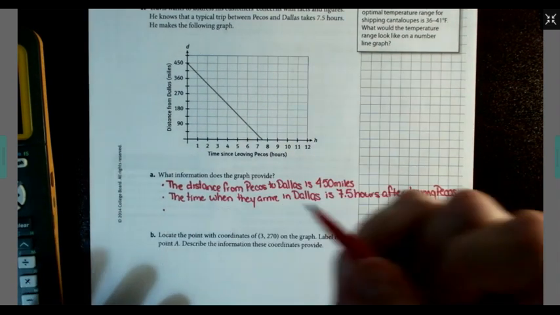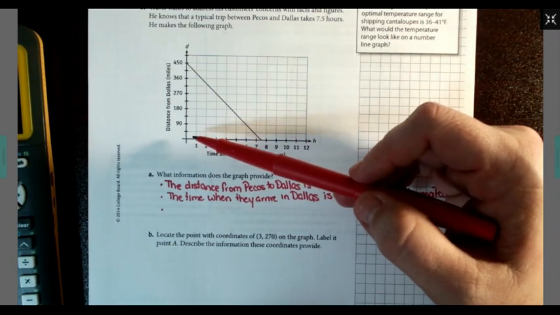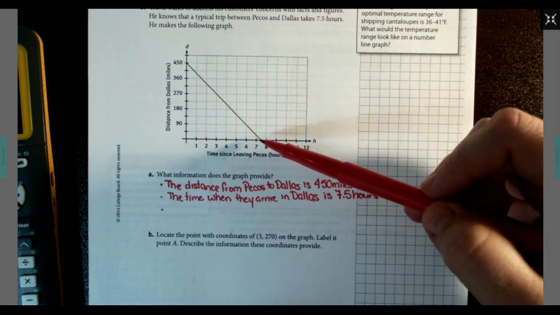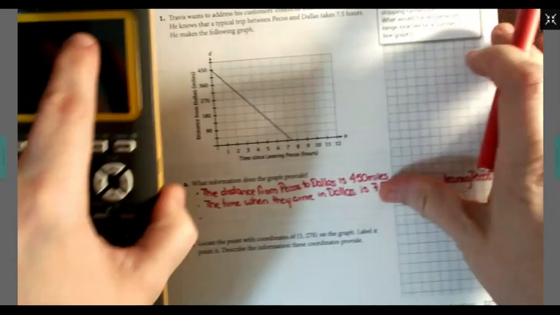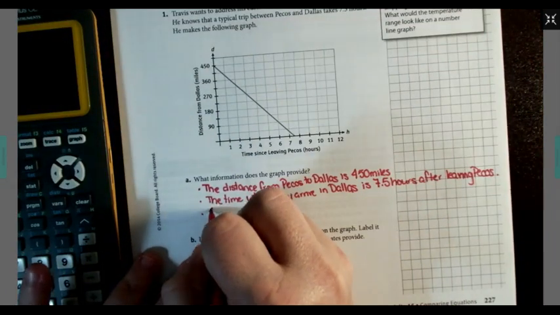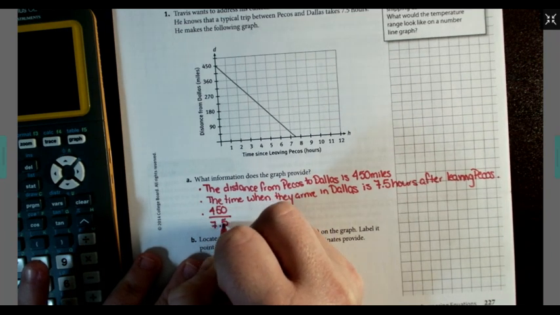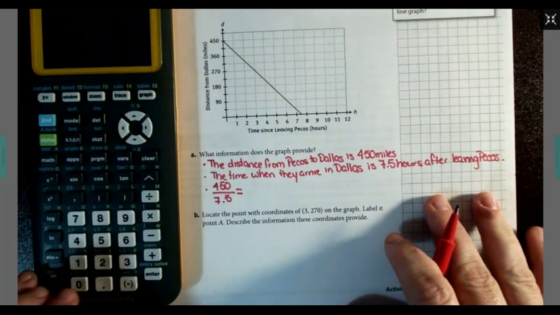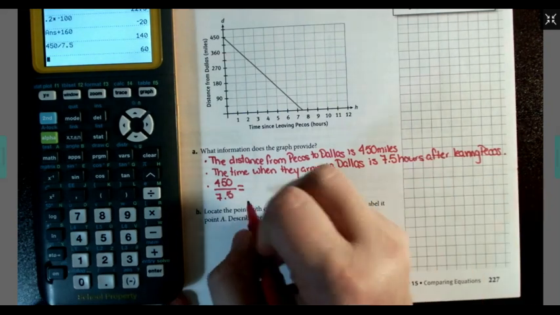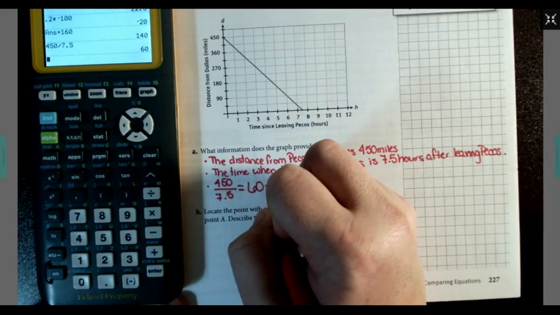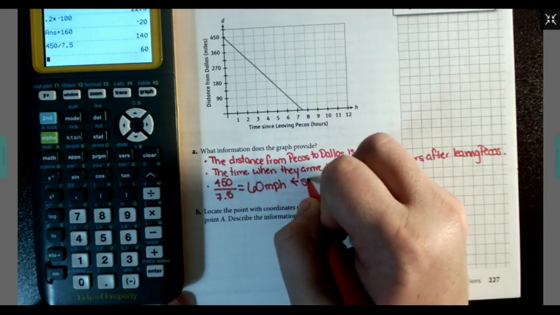And the last thing I can tell is, if I travel 450 miles and it takes me 7.5 hours to get there, I should be able to determine the speed. So we can do 450 miles of drive time divided by 7.5 hours, which will give me the speed that they travel. 450 divided by 7.5. They are traveling at a speed of 60 miles per hour, on average, basically.